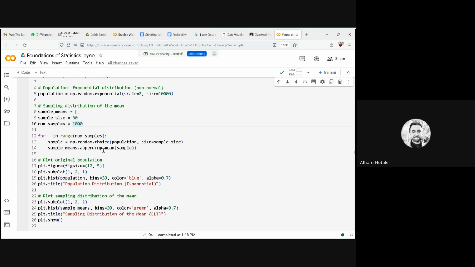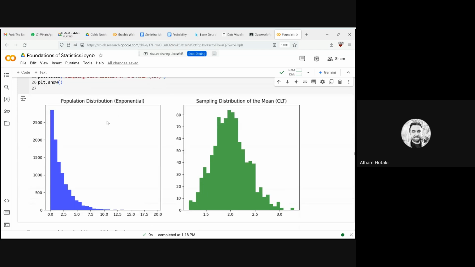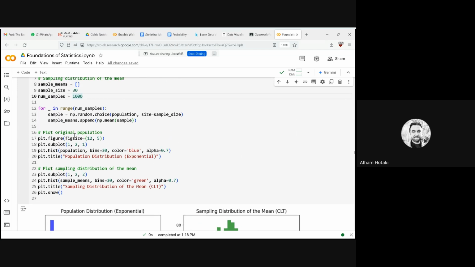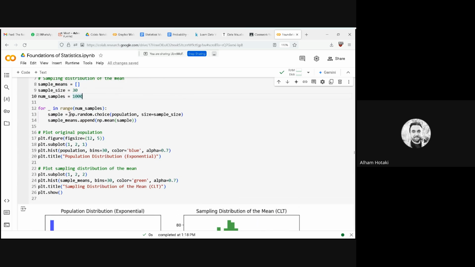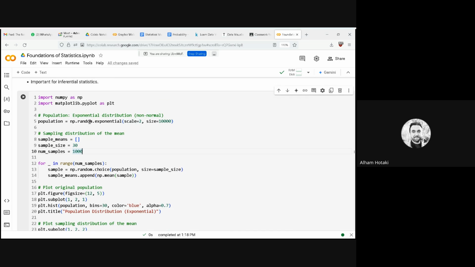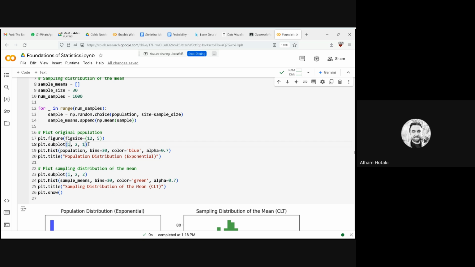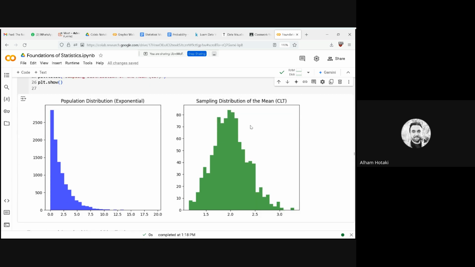Now look at this. This is the visualization of the population distribution, and this is the sampling distribution of the mean.